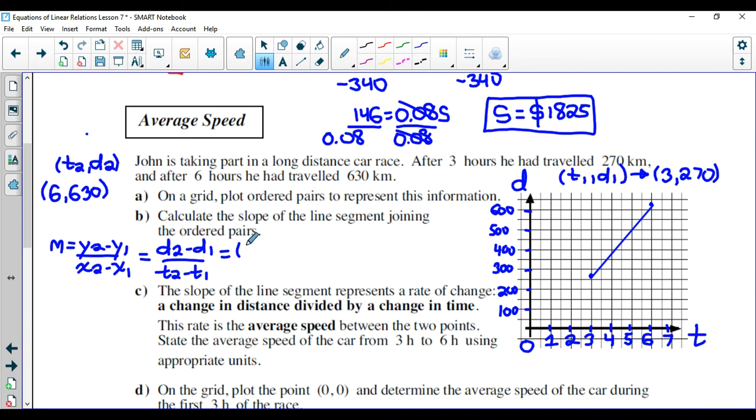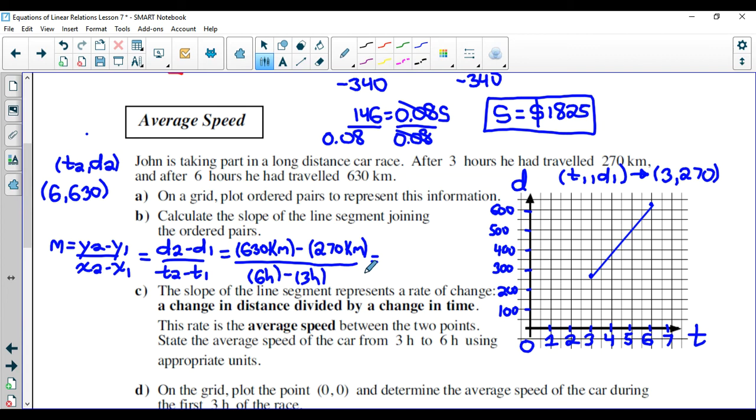Okay, this would be equal to d2 has a value of, let's plug the units in too, so 630 kilometers minus d1, which is 270 kilometers. Divide this by T2 minus T1. So T2 is 6 hours minus T1, which is 3 hours.